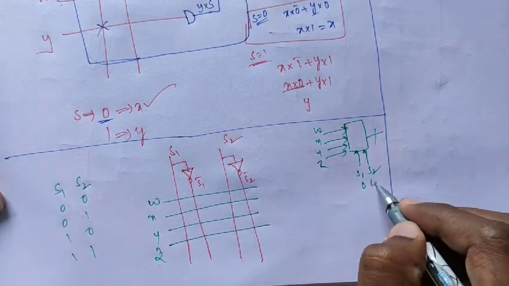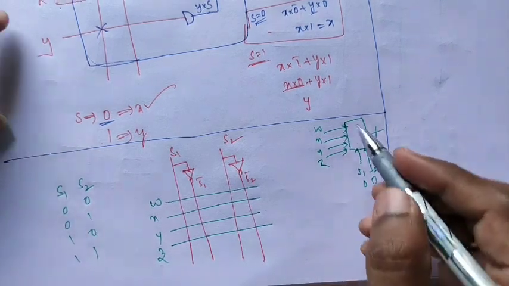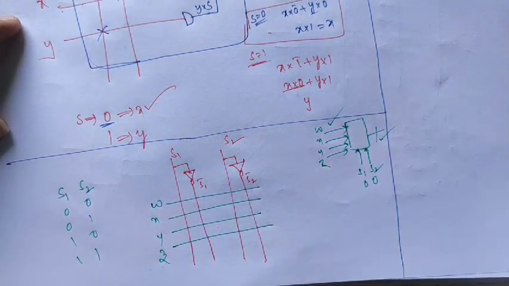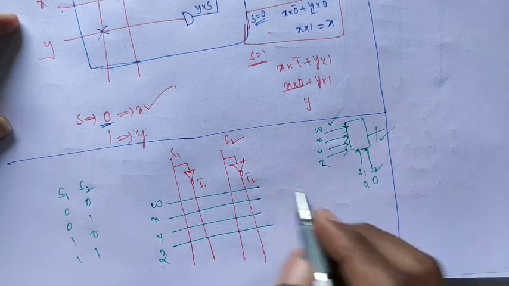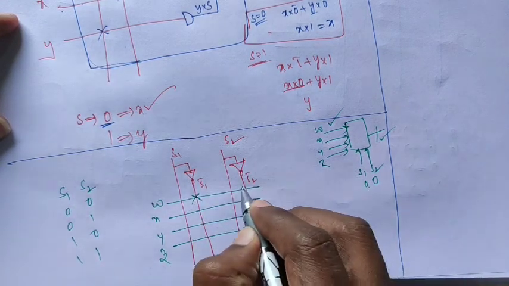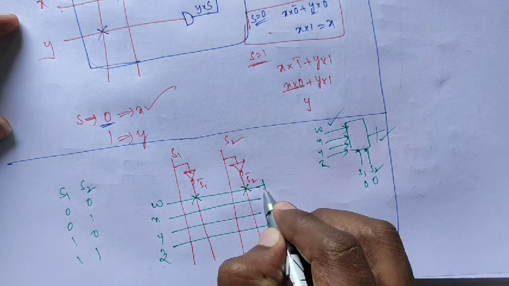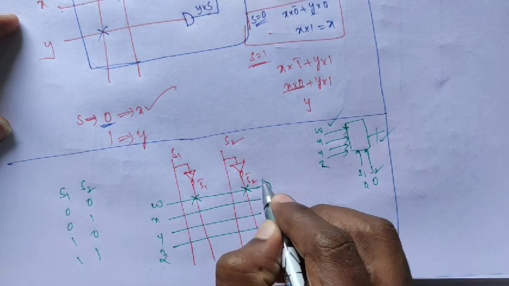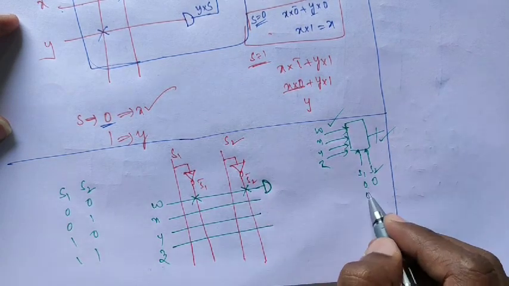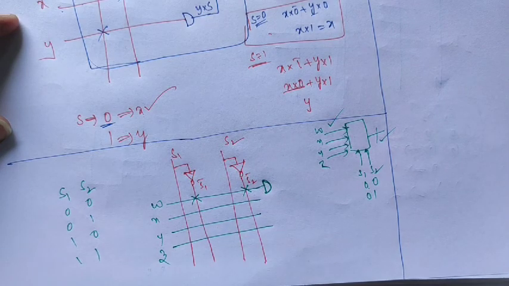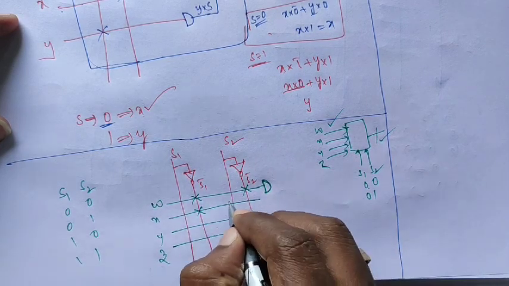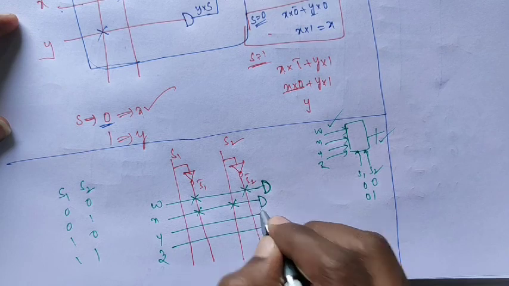Okay, when S1, S2 is 0 0, W is activated as output. So according to that logic, S1, S2 is 0 0, this one is for this logic gate. Okay, next one is the 0 1 case. So S1 is 0, that means with complement, and S2 is without complement, one more AND logic.